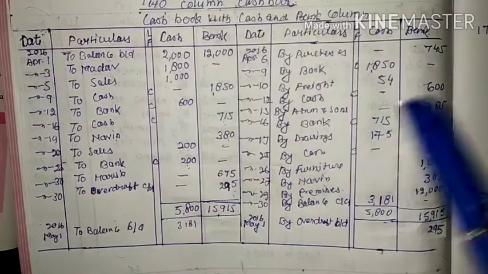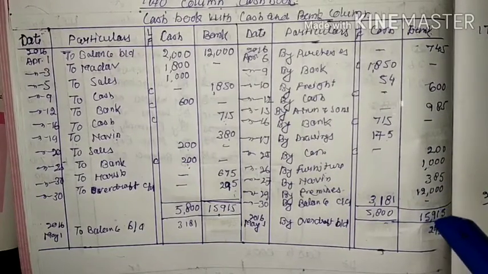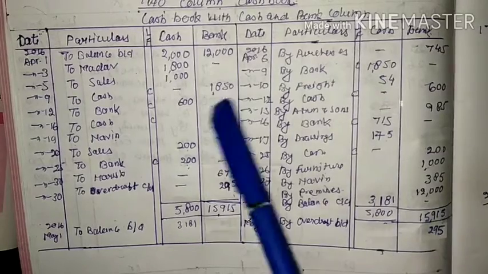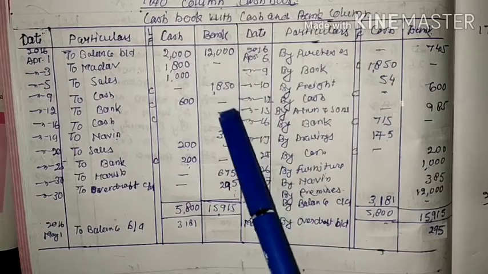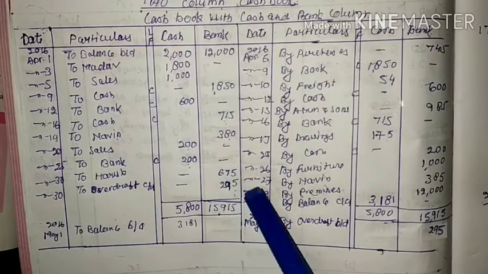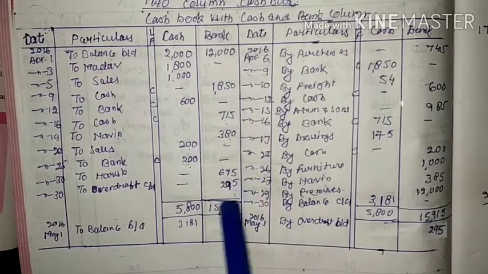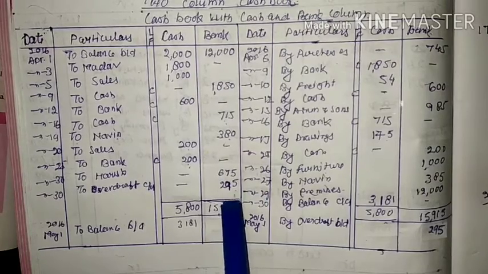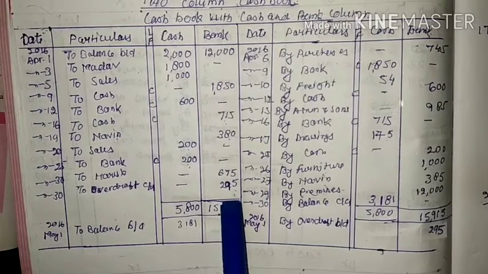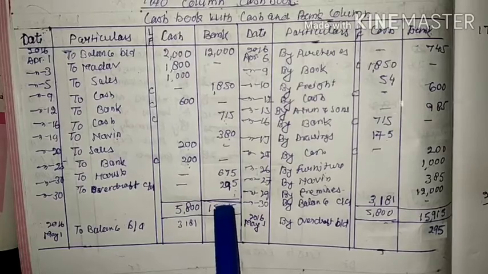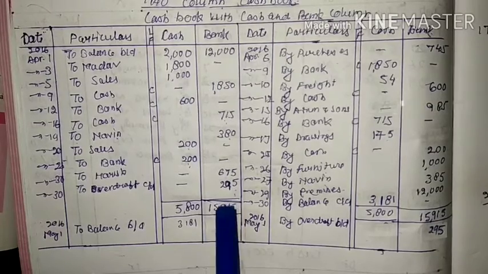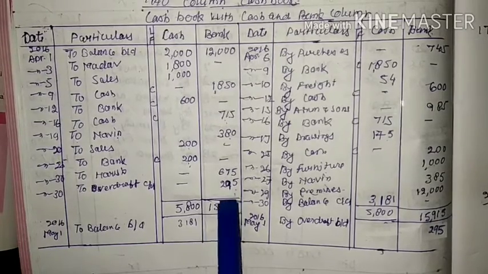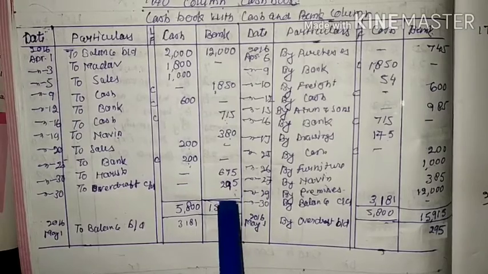Here the credit side is more, so we total it first, and then we find the balance, how much the debit side is less. It is less by 2,295 rupees. It means the bank has paid more on our behalf, so now we have to return this money to the bank. So this is a bank overdraft.